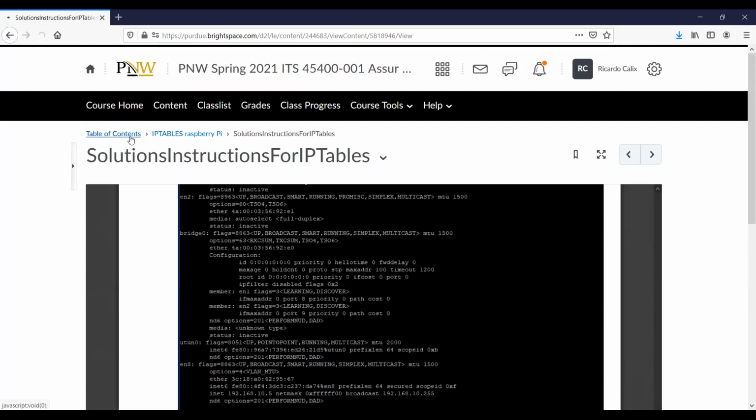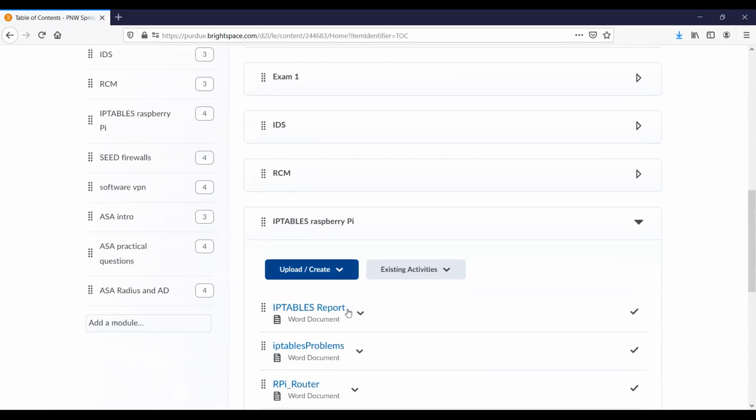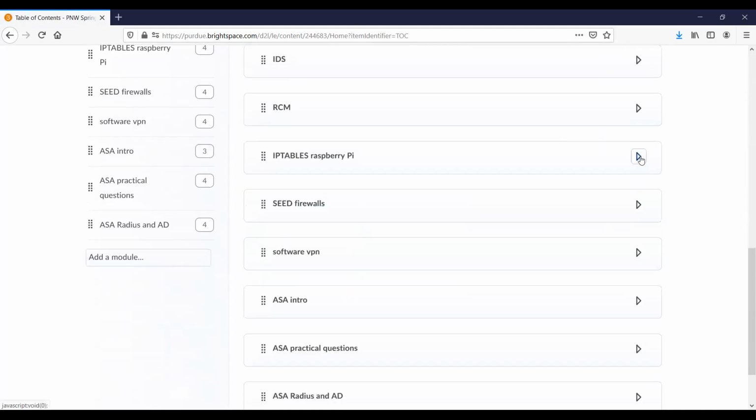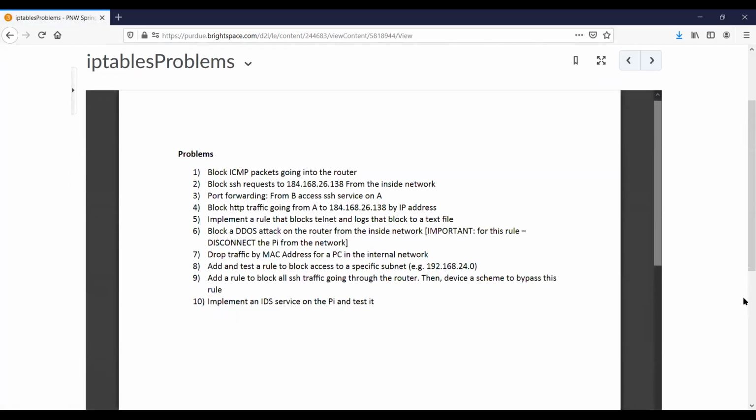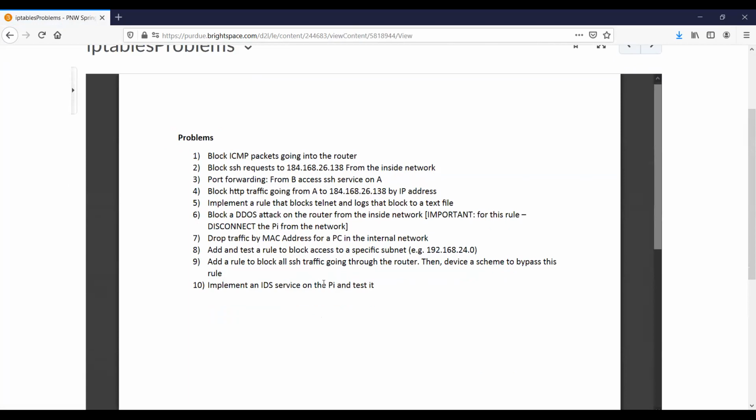All right. So that summarizes the documents on the iptables. The homework again is basically to complete these 9 problems. I'll think of a 10th one there. I still can't remember why I have this.